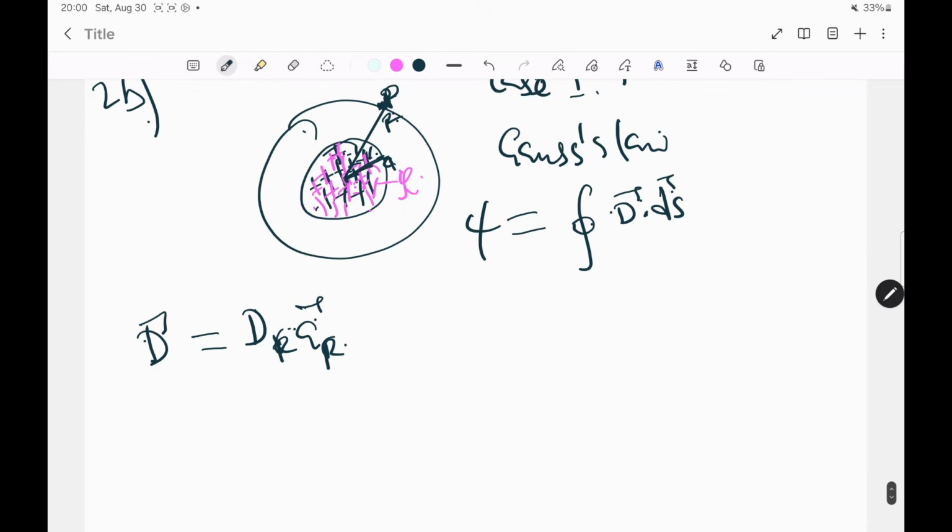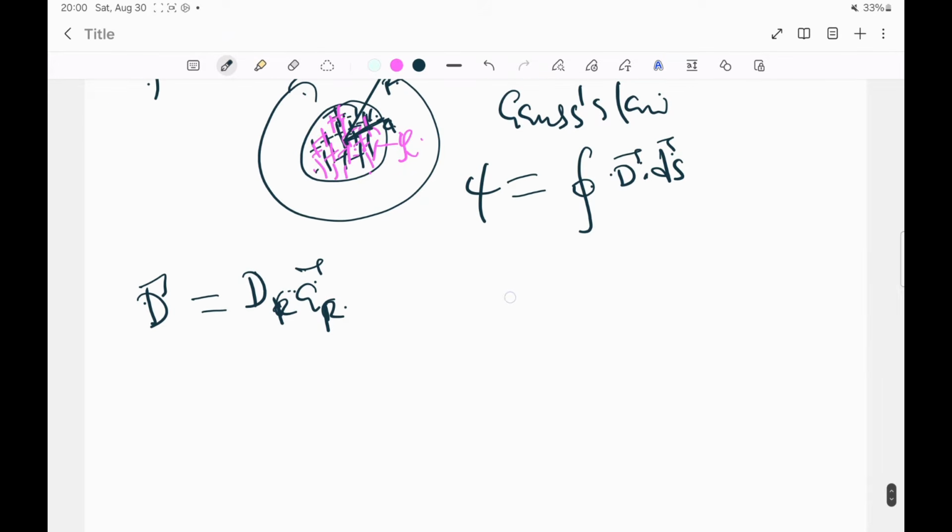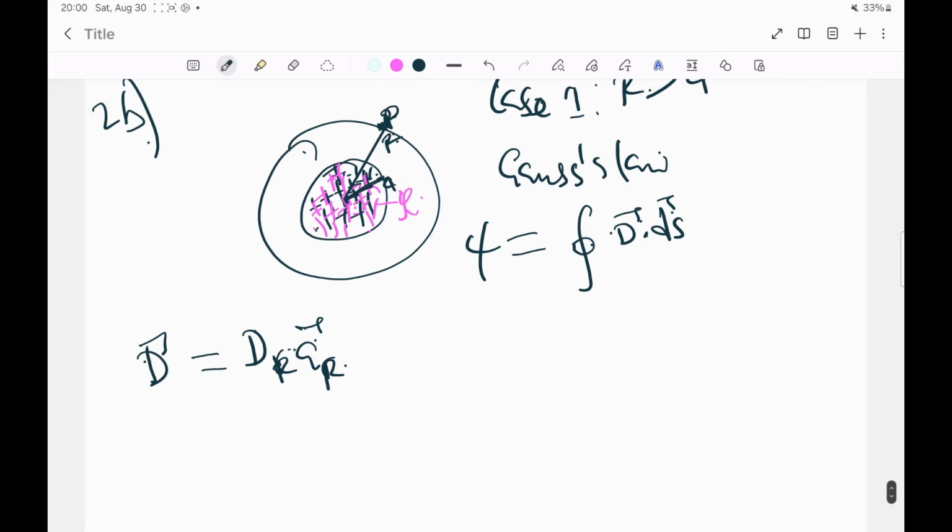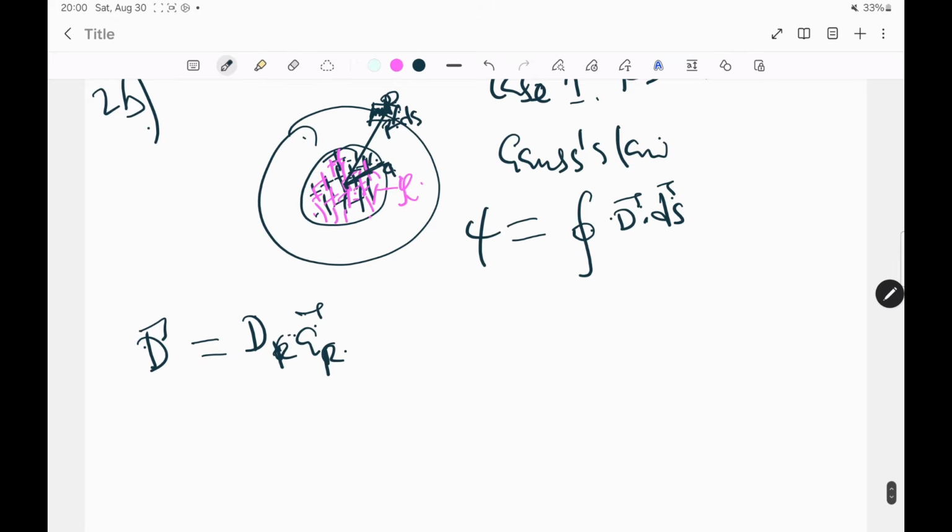This is for the electric flux density, and now we can get our surface vector. We think about the fact that the flux is passing through the surface S, and we express it in vector form.